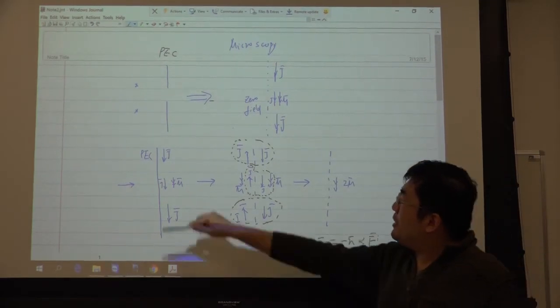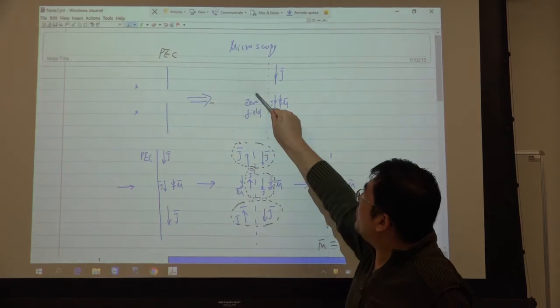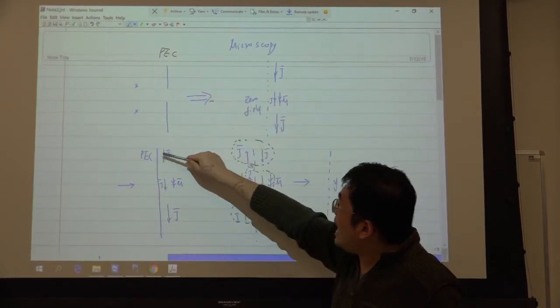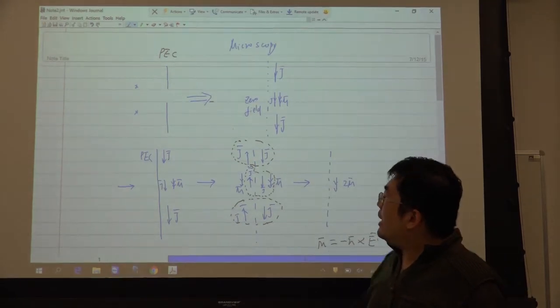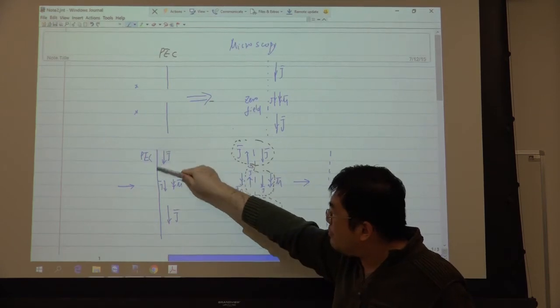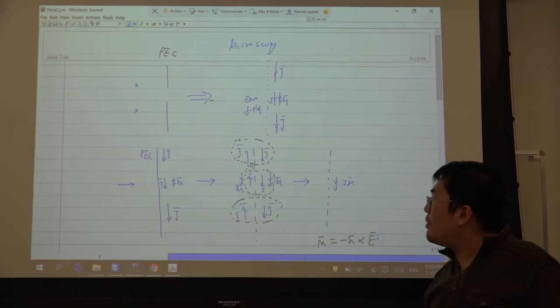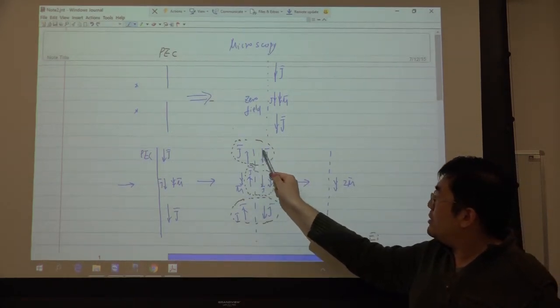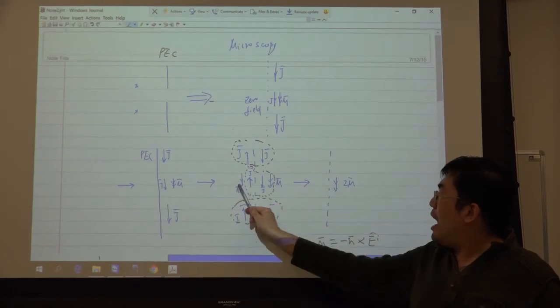Then I add a PEC. Because there is a zero field behind the screen, I can add a PEC in this region, which does not disturb the field. Now J and M become the impressed current. According to image theory, J is reversed and M has the same direction.